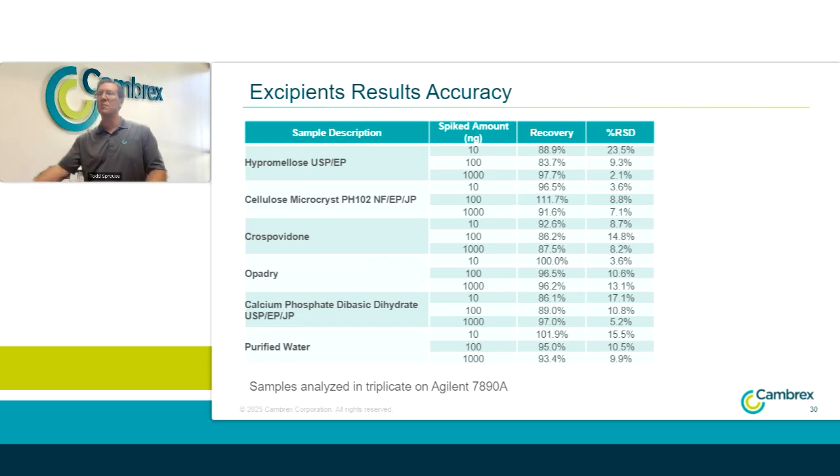Some of them did have a higher RSD for the triplicate preparations, especially at the lower levels with the hypromellose. But for the most part, we were under a 15% RSD for a variety of these excipients. And then the calcium phosphate did require a little bit of a pH adjustment to maintain the pH for the reaction.